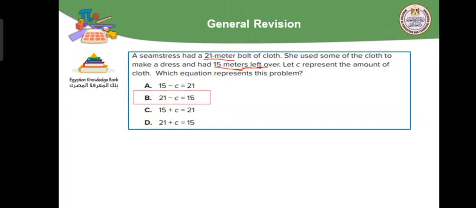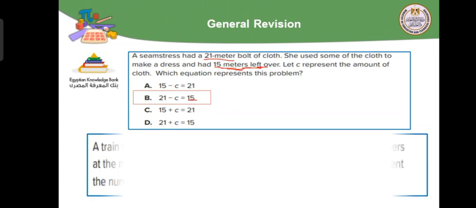All the meters are 21. And what is left? 15 is left. So we get C by making 21 minus C equal 15, because this is the result of subtraction, what is left over, which is called the difference.